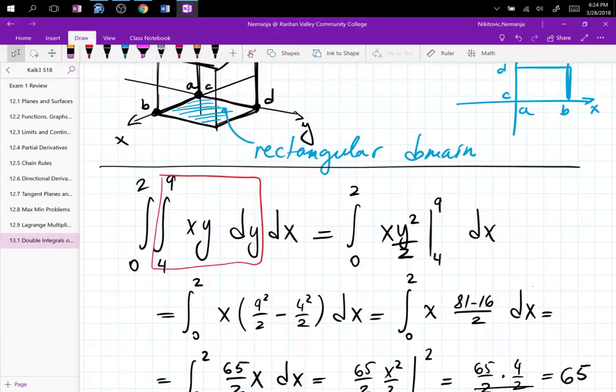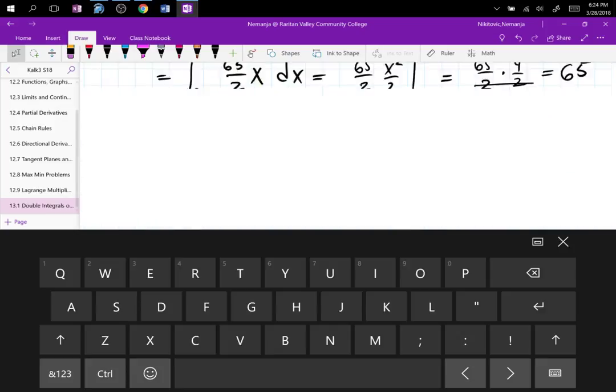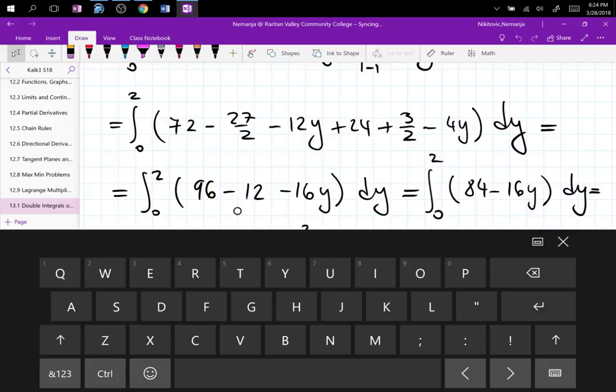General regions would be maybe you have 2 intersecting parabolas as your domain, or you might have a parabola that is intersected with a line, and all of those functions are going to go in your limits of integration now. So we are going to upgrade this section into a more general case.